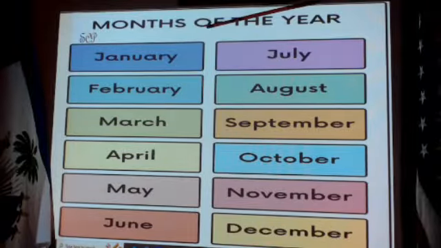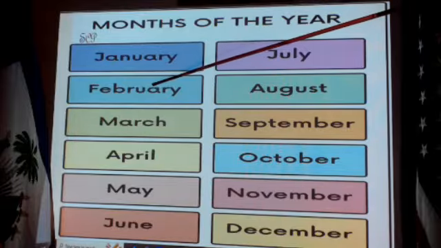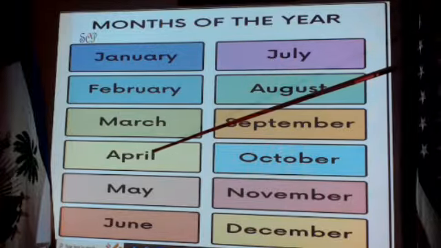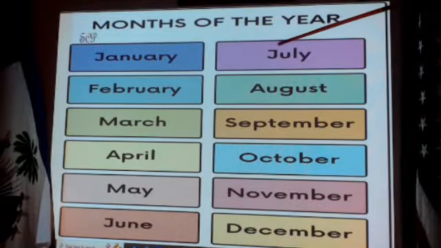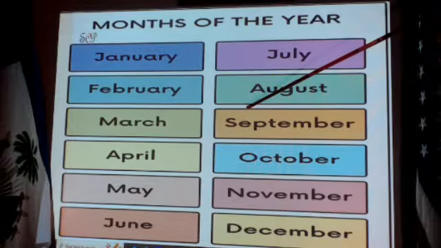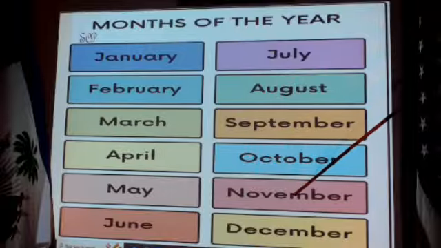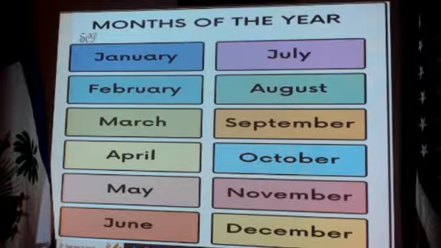The 12 months of the year are January, February, March, April, May, June, July, August, September, October, November, December.